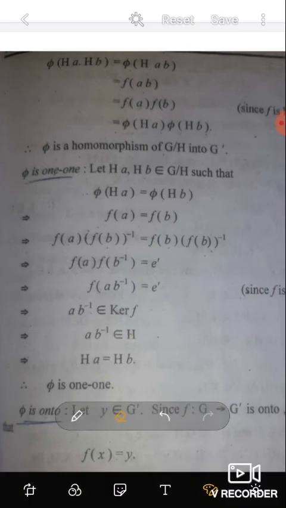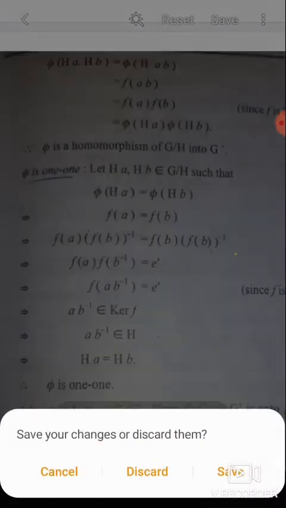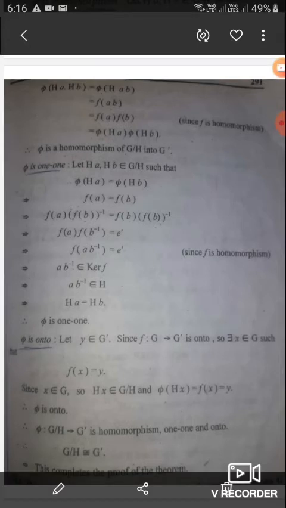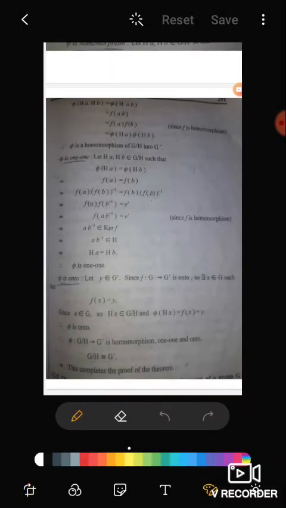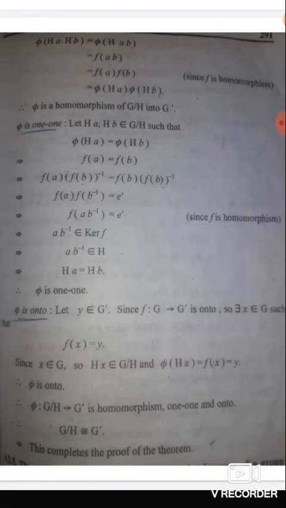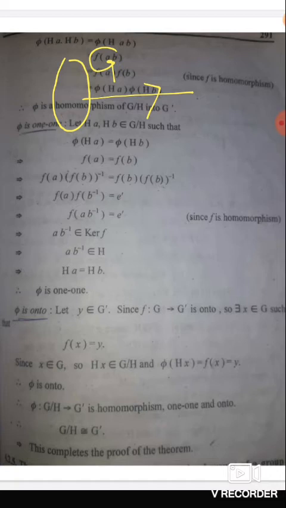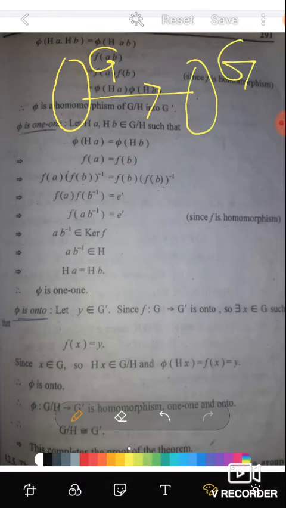Next we will show that this function is onto. By showing this, we will prove that G dash is the homomorphic image. So to prove phi is onto, we will take an element in G dash. So here you have to take care that f is a function from G to G dash.